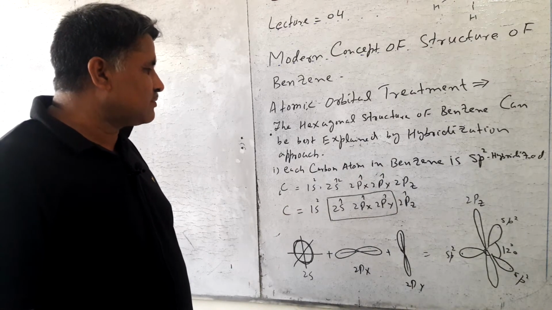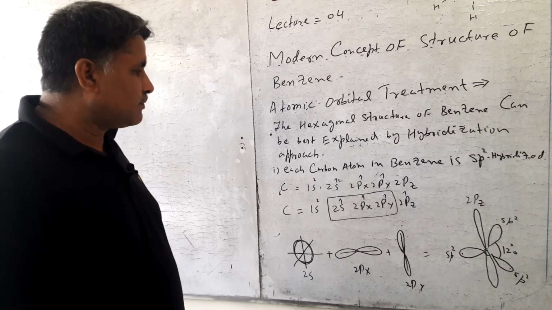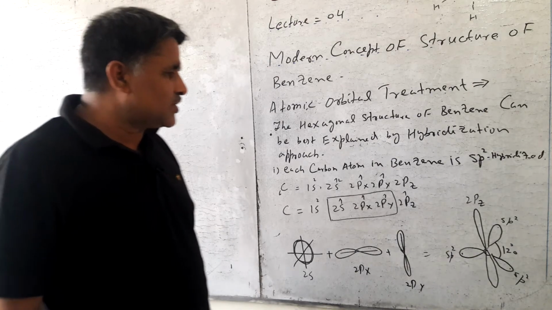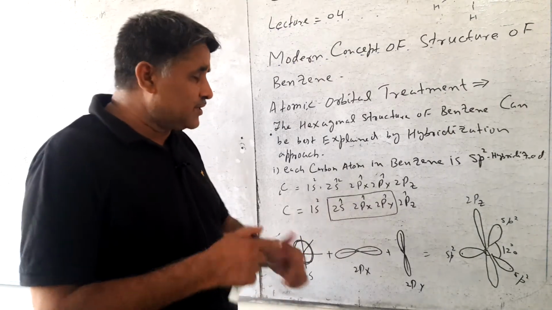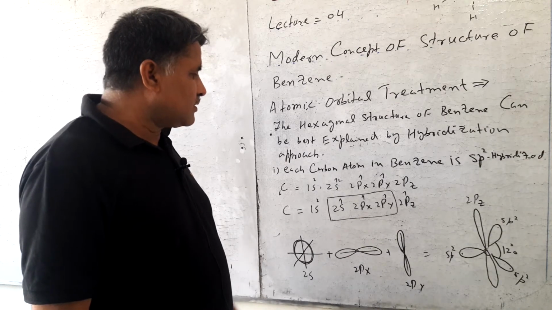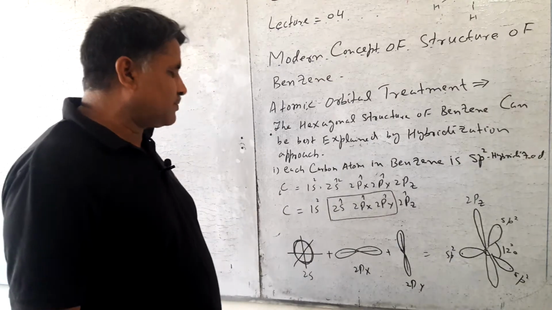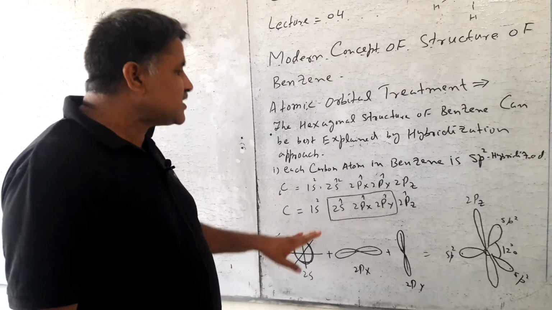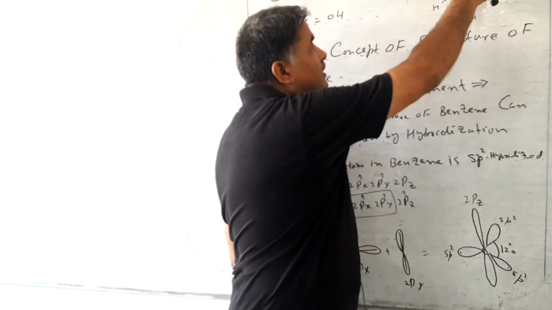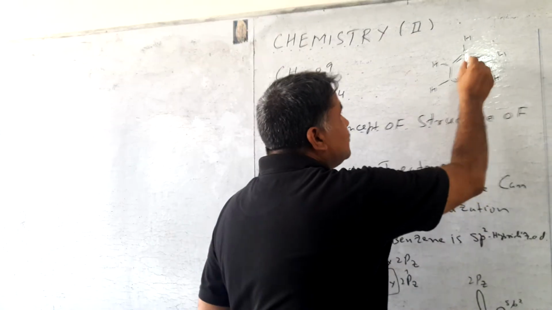After excitation, hybridization comes into operation. Actually, hybridization and excitation are 2 simultaneous processes. Then the carbon atom undergoes hybridization according to the situation. Since in benzene each carbon atom is linked with 3 other atoms, each carbon atom is sp2 hybridized.